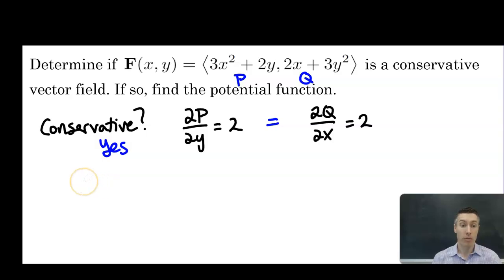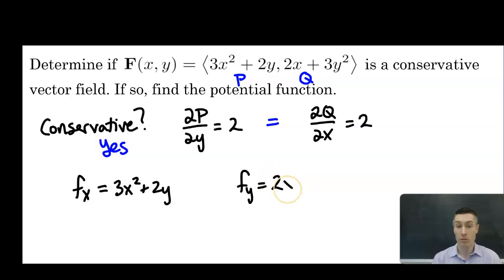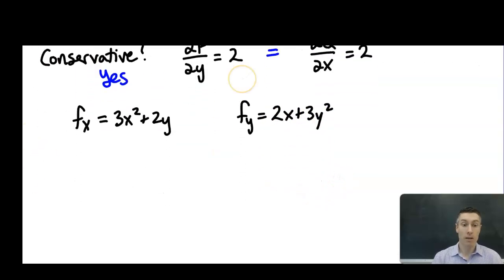So then how do we find the potential function? So P is really the partial with respect to x, so that's 3x squared plus 2y. Q is the partial with respect to y, so 2x plus 3y squared. So step 1, to find the potential function, we're going to integrate with respect to x.